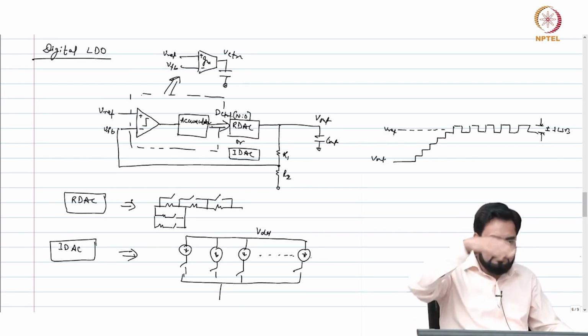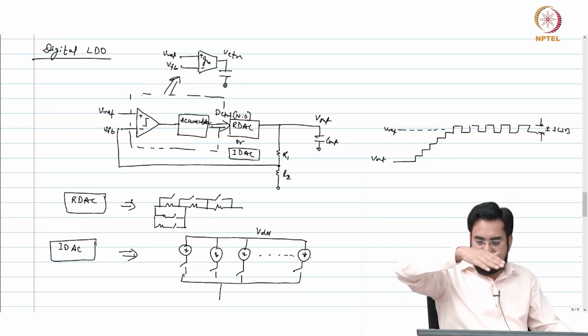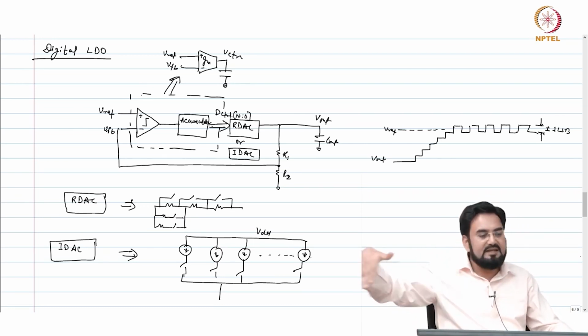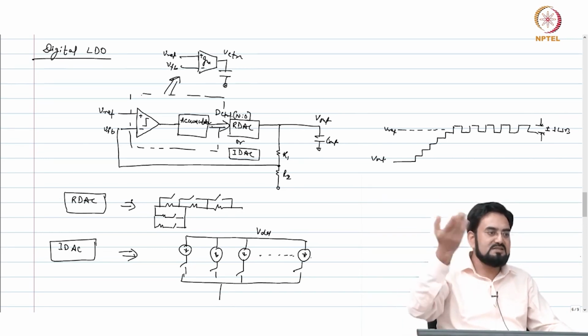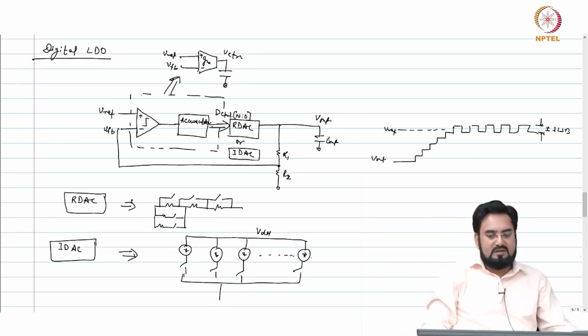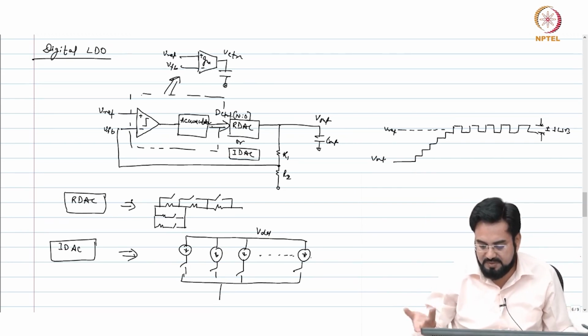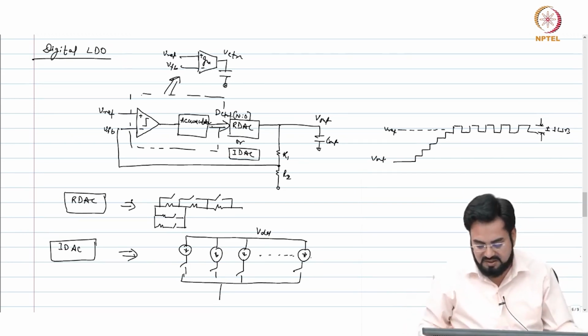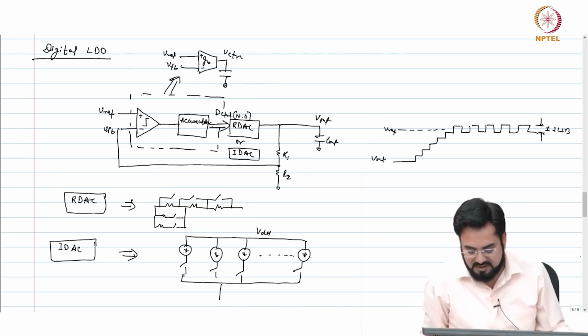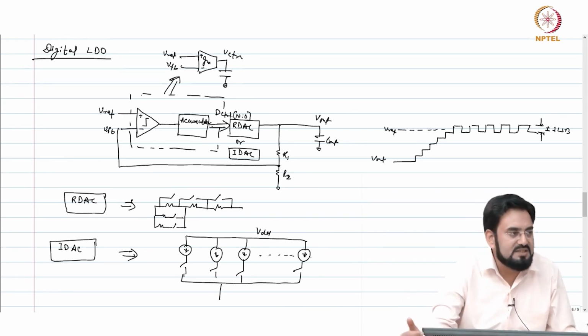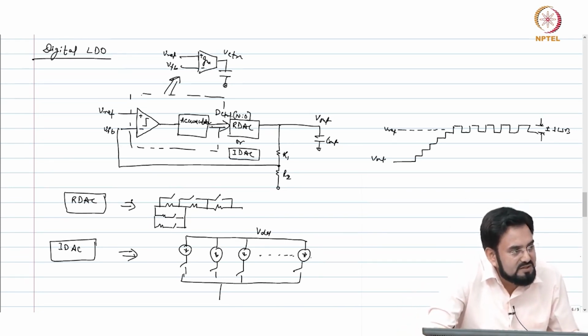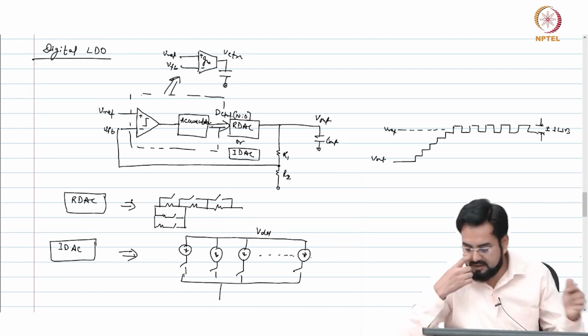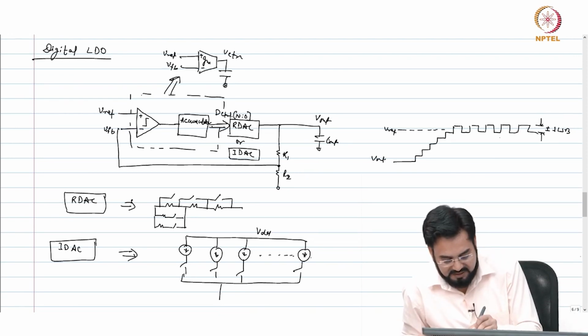Or if it is moving around mid code, let us say around the middle, then the average may lie exactly at Vref, but you will still see a plus minus 1 LSB. So this can be plus 1 LSB or minus 1 LSB depending upon where it settles. So this ripple can only be reduced by increasing your resolution, and this is called limit cycle.